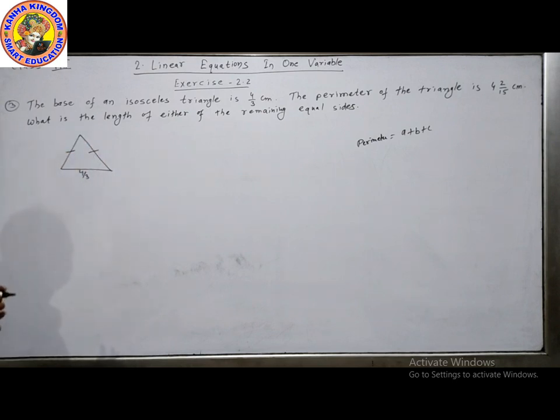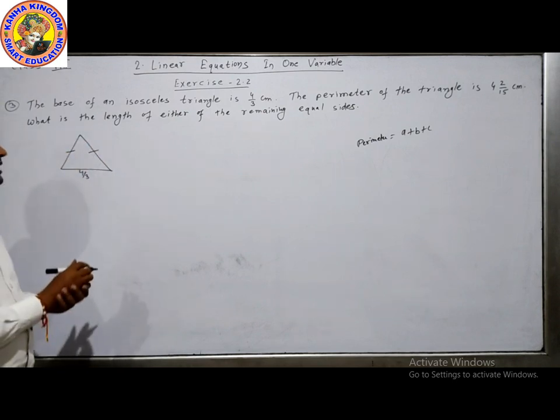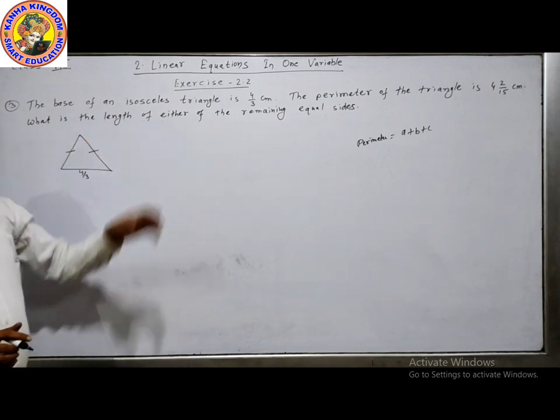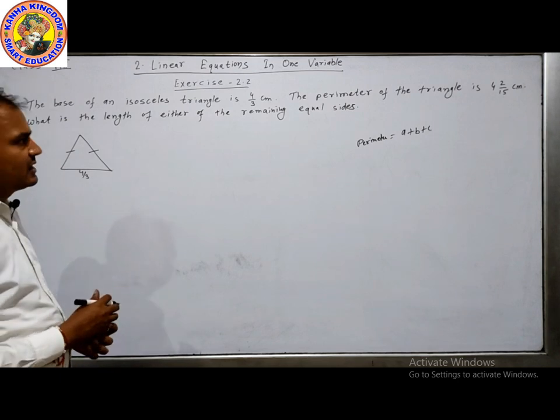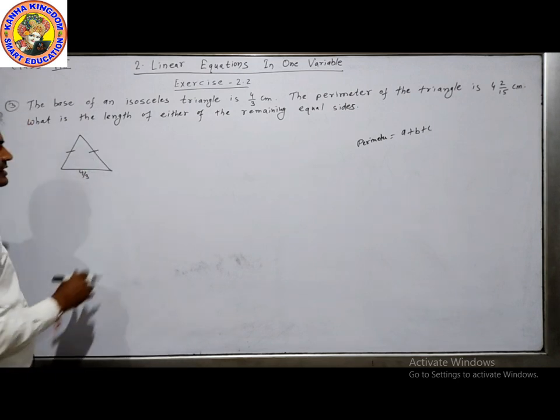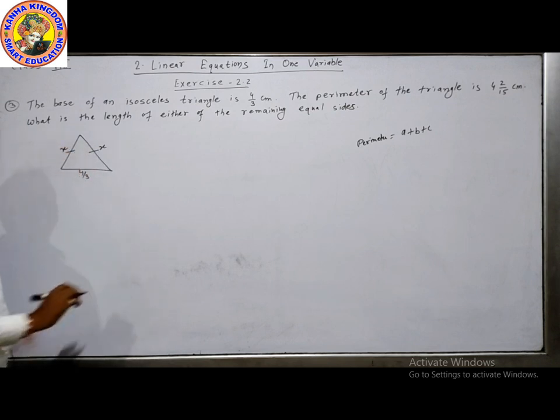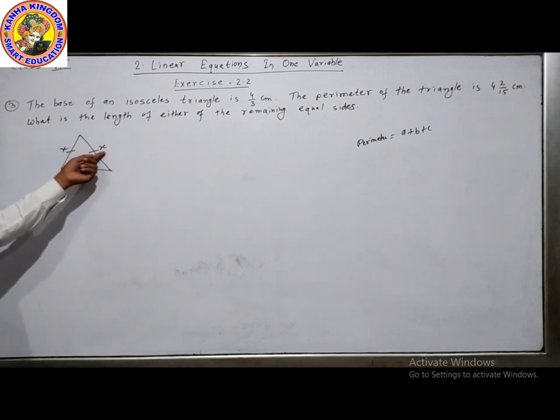Addition of these three sides is called perimeter. What is the length of either of the remaining equal sides? This is the question. Then assume that the length is x. This equal side is x and this is x.